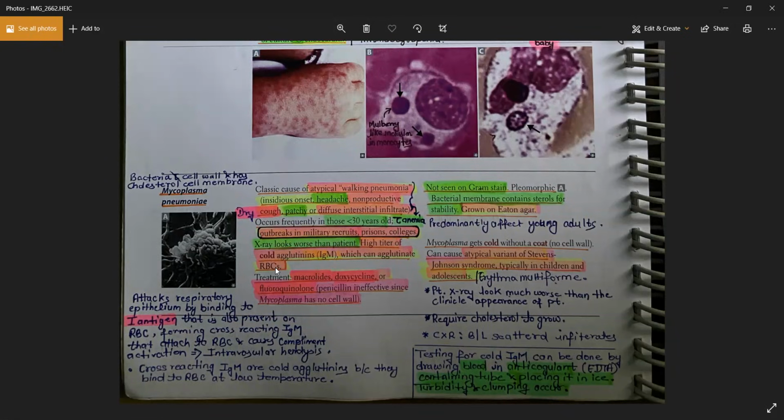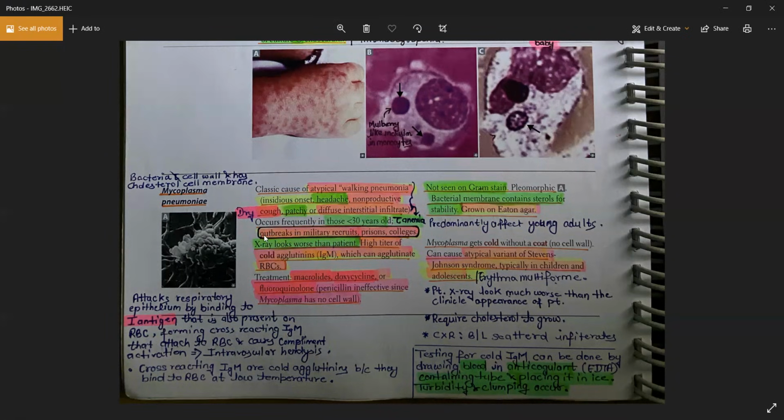And how will you diagnose this cold agglutination? You will draw the patient's blood and keep it at a very low temperature, like in cold water or in ice packs. What you will see is turbidity in the blood, and that's how you know this must be a cold agglutination, because this agglutination happens only in very cold temperatures.